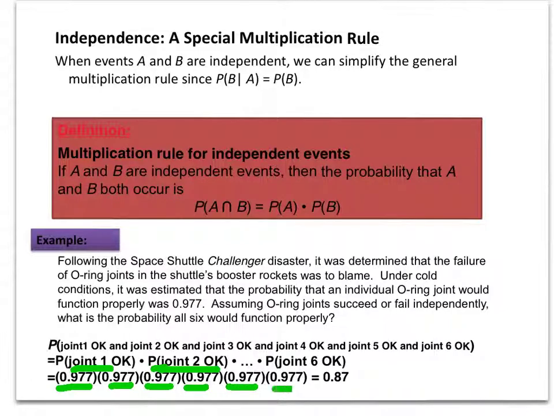So what we end up doing is going 0.977 times 0.977, etc., 6 times, which is 0.977 to the 6th power, which turns out to be 0.87. So the idea here is that if the events are truly independent, you can simply multiply the probabilities together to get the probability of combined events.